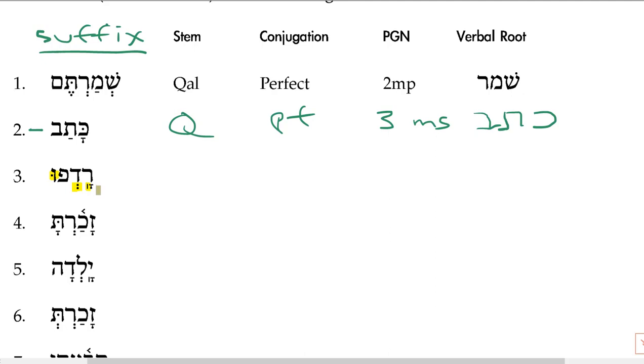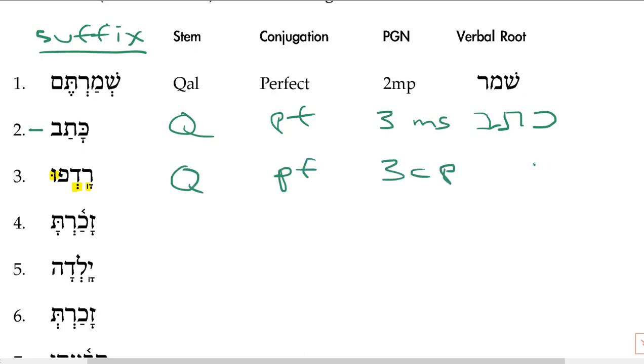The schwa is not a syllable divider. That would make that a short vowel. A short O would be rod, or perhaps rod, depending on what grammar you're using, but it would be a short O. But this is ra, it's a long A, and then the vocal schwa, radafu. And that ending is very characteristic of a third common plural.